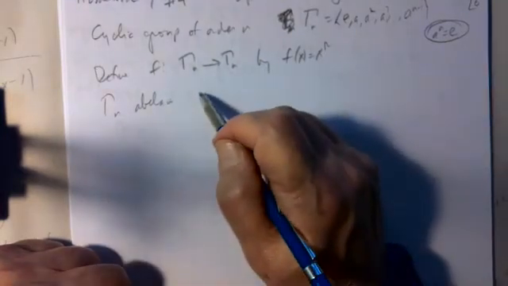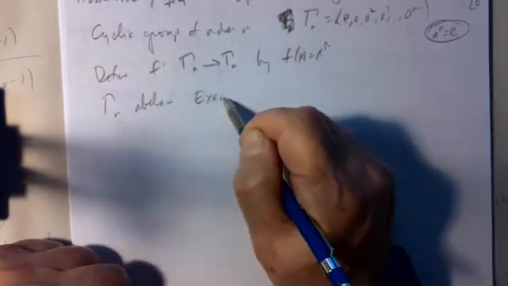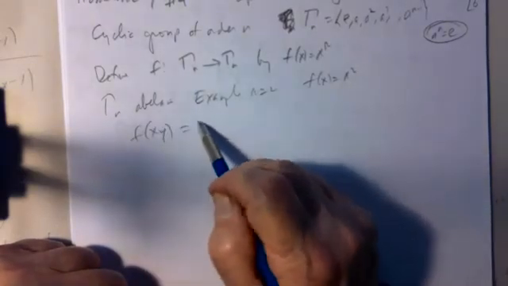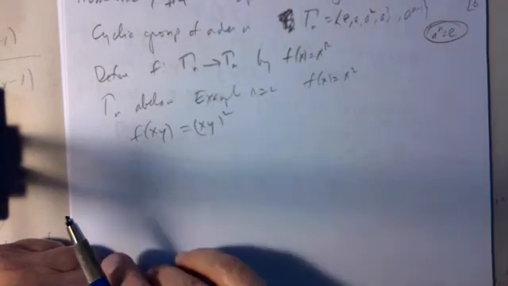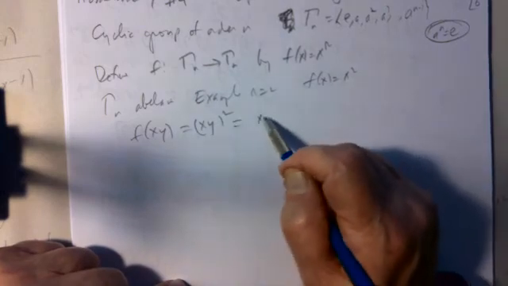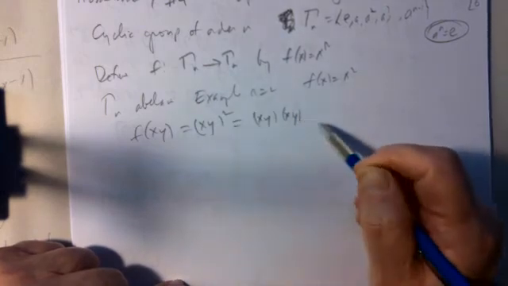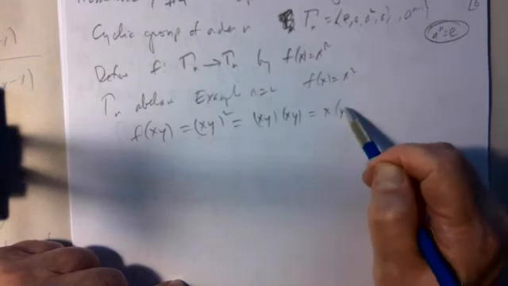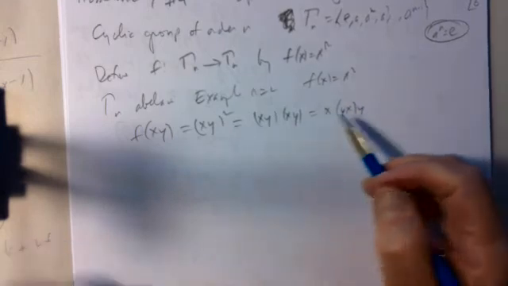So, for example, suppose you had r equal 2. So f of x is x squared. So f of xy would be xy squared. What does xy squared mean? It means xy times xy, which is x times y times x times y.